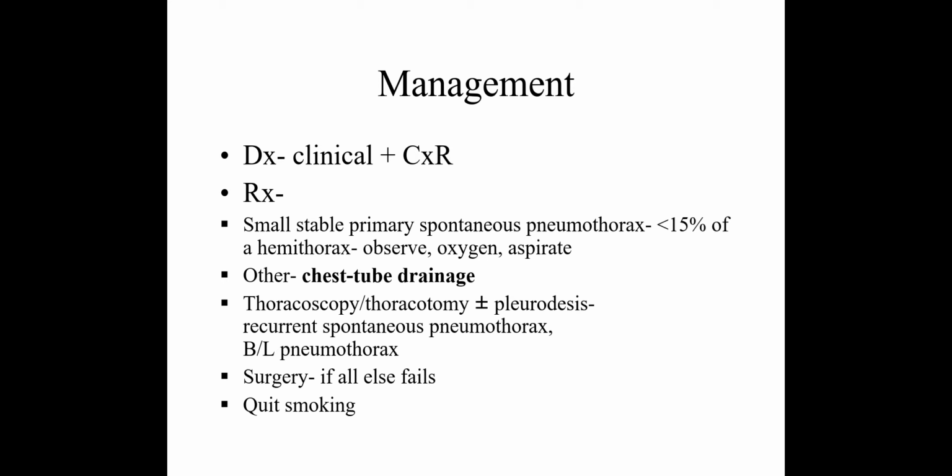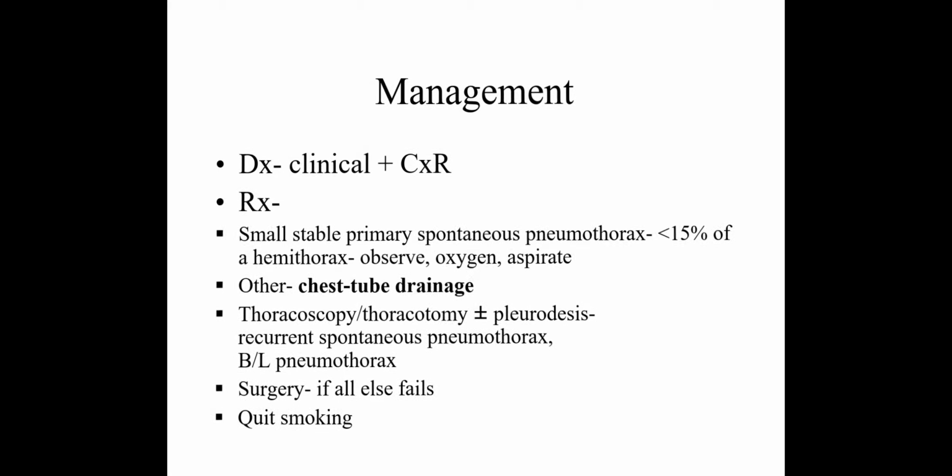Other than this, you need chest tube drainage, thoracoscopy, thoracotomy, plus or minus pleurodesis. For recurrent spontaneous pneumothorax, surgery if all other procedures failed, and the patient should quit smoking.